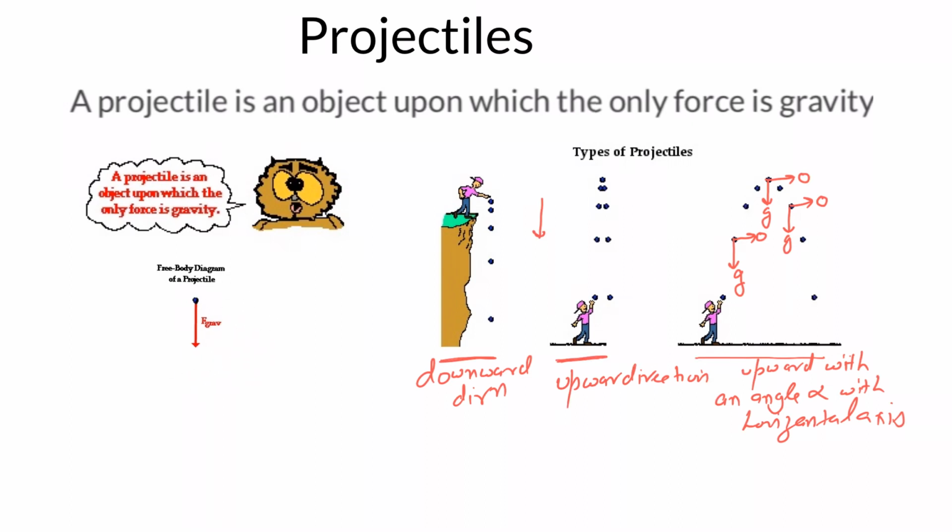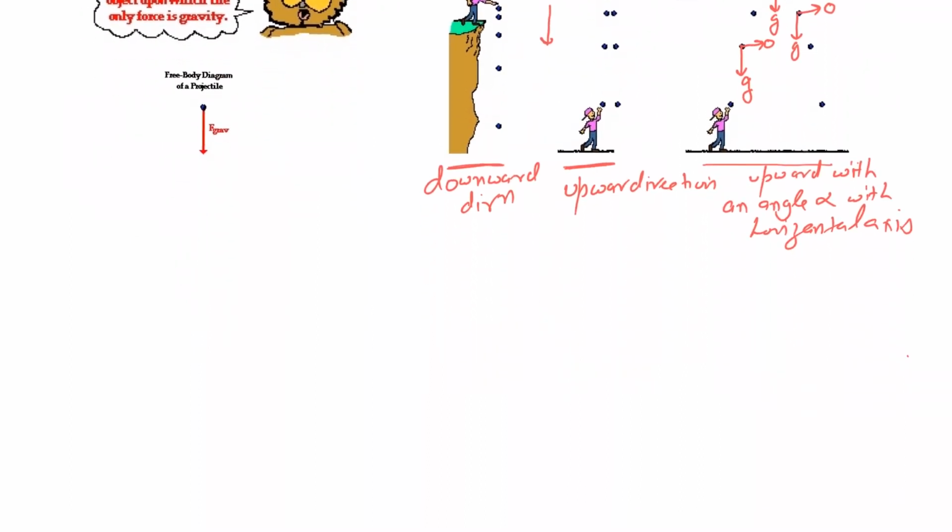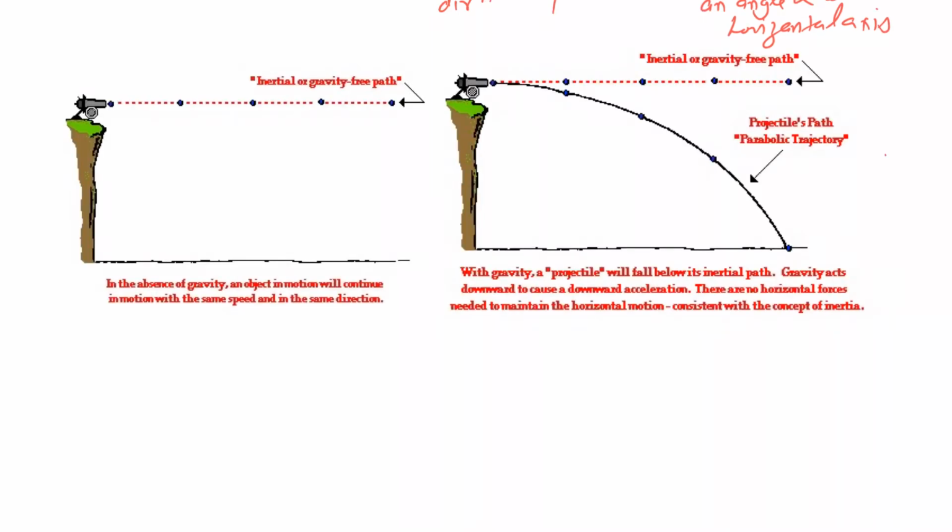Next we will see what is the effect of gravity upon the path of the projectile. We will see two cases: when there is no gravity, and when there is gravity. We will see this through an example. Let a cannonball be fired in the absence of gravity, then it will move along the horizontal line only and will hit over here.